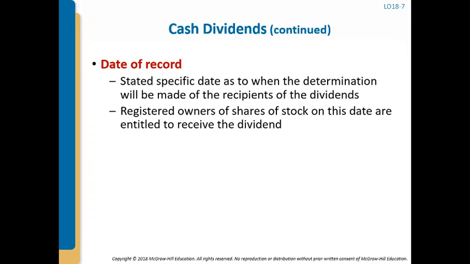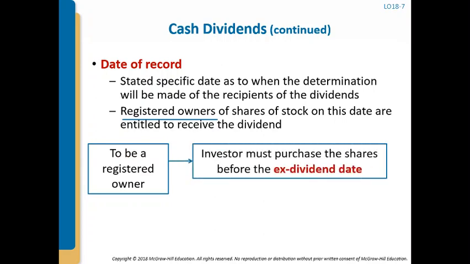Now, the date of record is a specified date as to when the determination will be made of the recipients of the dividends, meaning if you are a registered owner at this date, you're going to receive the dividend. In order to give the record keeper time to figure out who the owners are at the date of record, they also have a cutoff date called the ex-dividend date. That's usually a couple of days ahead of the date of record.